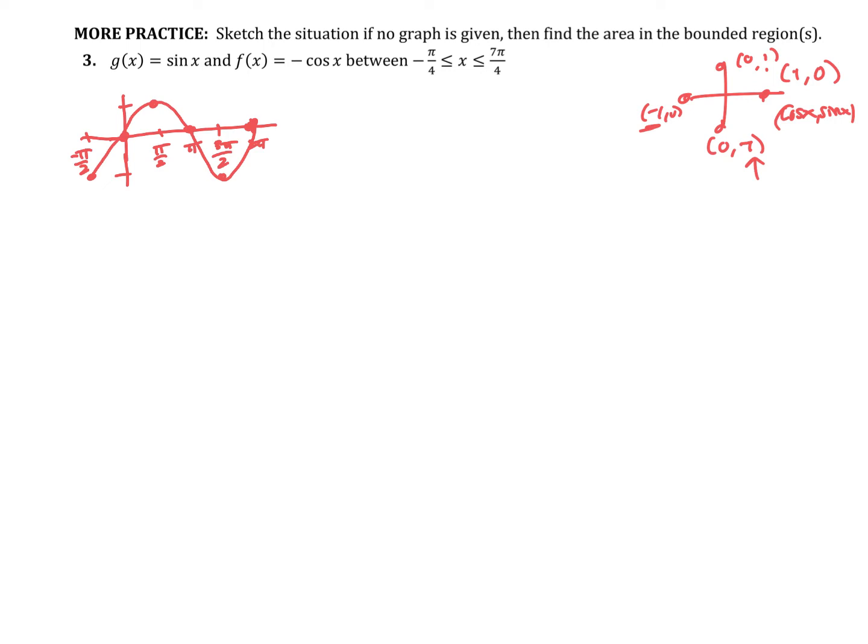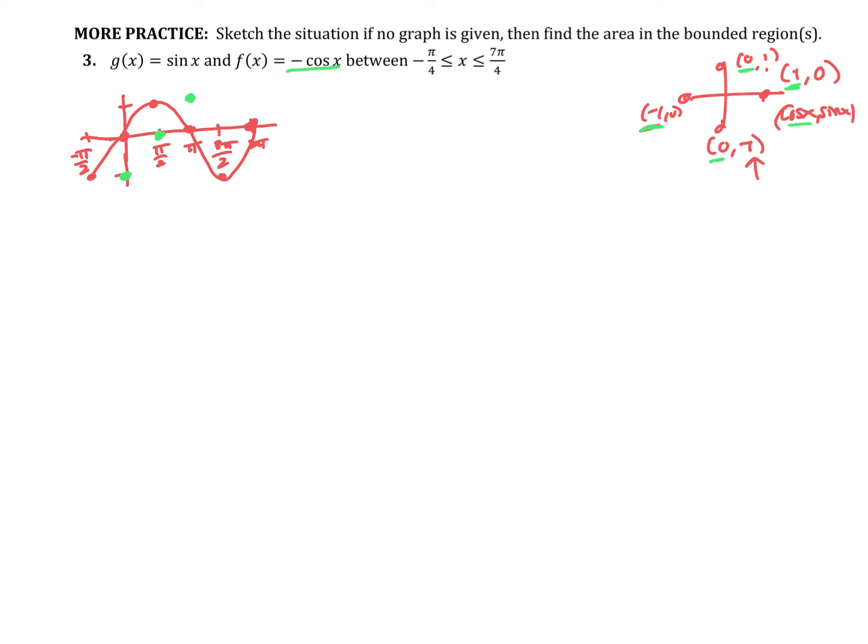Now, if we're going to graph negative cosine of x, we're going to look at all of the x coordinates and take the opposite sign since we're graphing negative cosine. So cosine of 0 is positive 1, but we're going to graph negative 1. Cosine of pi over 2 is 0. Cosine of pi is negative 1, but we're going to make it positive since we're looking at the opposite of cosine of x.